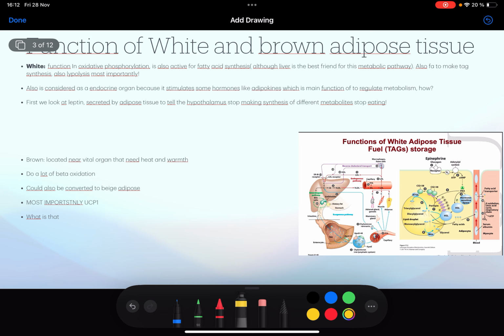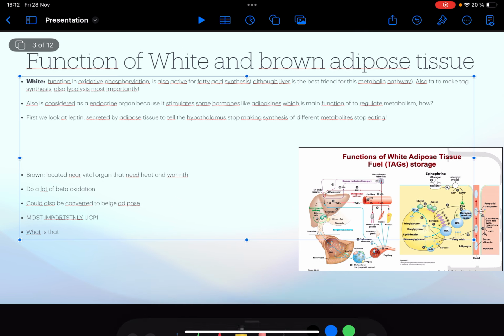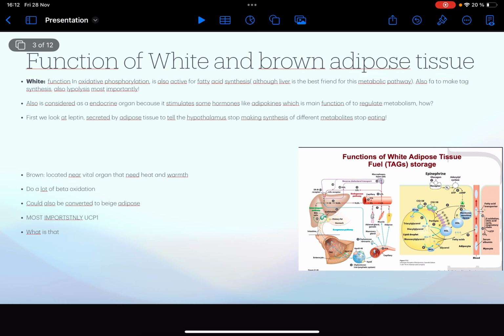But what is the most important function? The most important function of the brown adipose tissue is to produce UCP1.